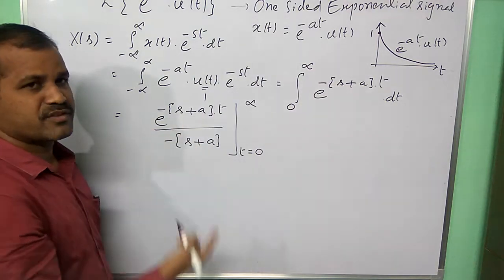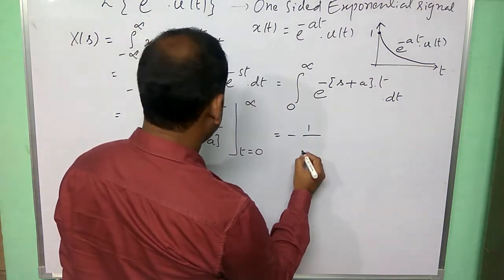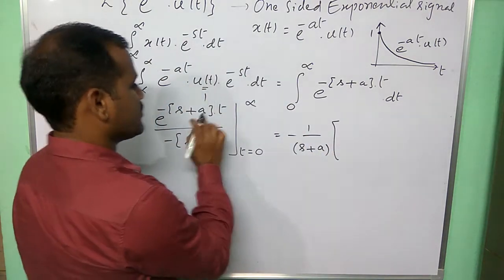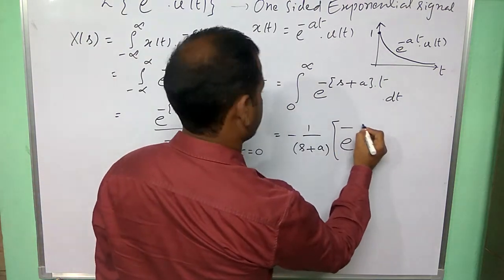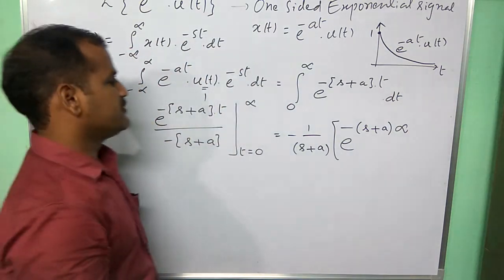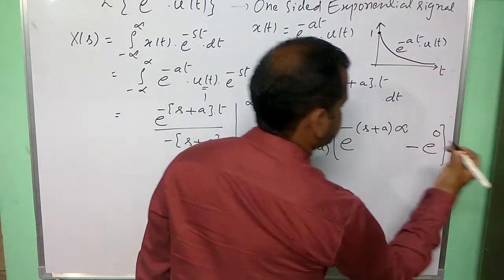The signal should be converging. So let us substitute the limits first. Minus 1 by s plus a, and upper limit now e to the power of minus of s plus a times infinity, minus e to the power of 0.